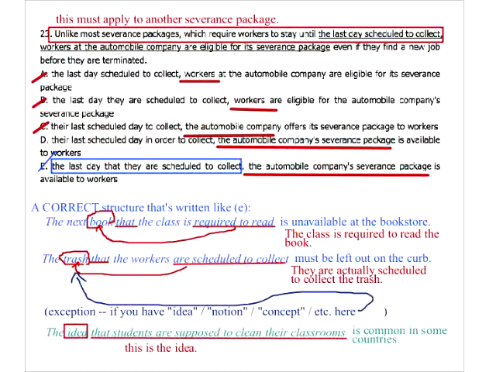But if you have a concrete word like book or trash, that "blah blah blah" is doing, then that's the object of the action. The book that I read, I'm reading the book. The date that I planned, I planned the date. The next book that the class is required to read, the class is required to read the book. So this one doesn't have that problem.